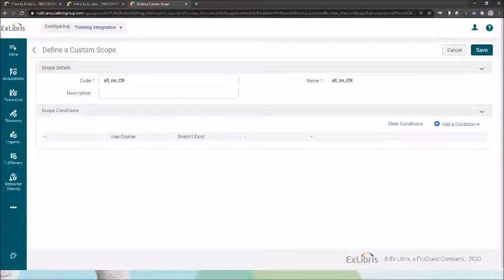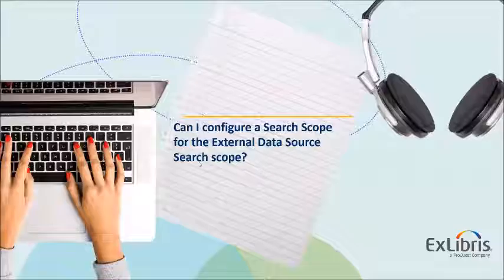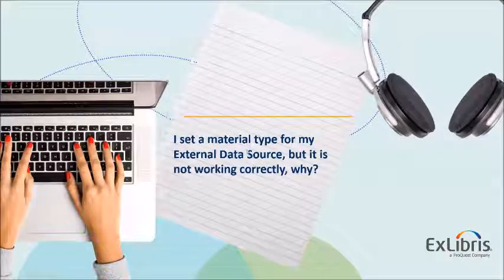Okay. Our next question is, let's see. I set a material type for my external data sources, but it is not working correctly. When I say correctly, it means that it's not available in the advanced search or I don't see the facet for it.